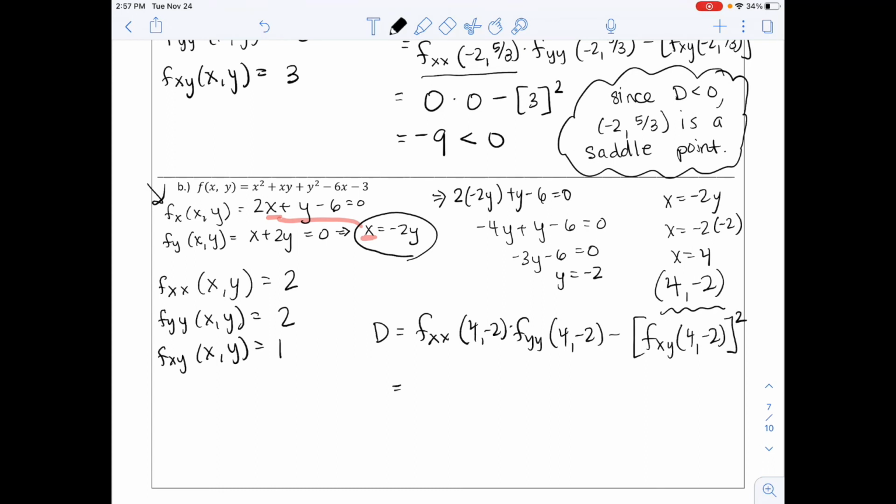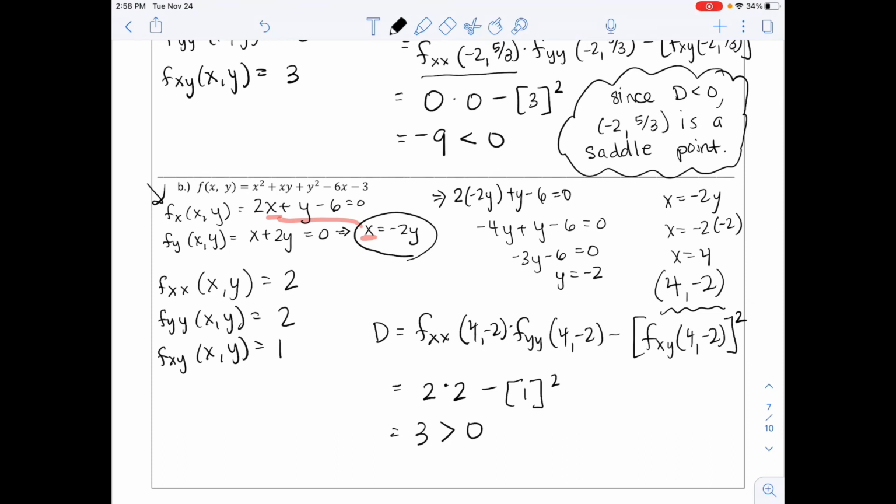So from here, we know that our second order partial derivative with respect to x twice is 2, times the second order partial derivative with respect to y twice, which is 2, minus our partial with respect to x then to y, which is 1, and then squaring that. So this works out to being 4 minus 1, which is 3, which is greater than 0.